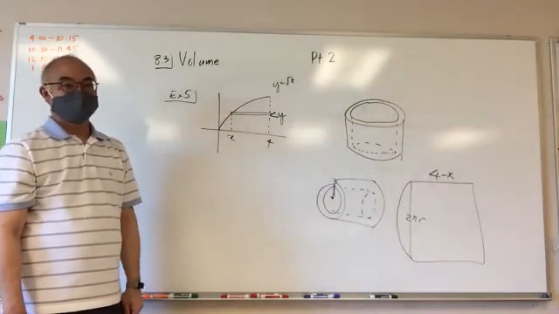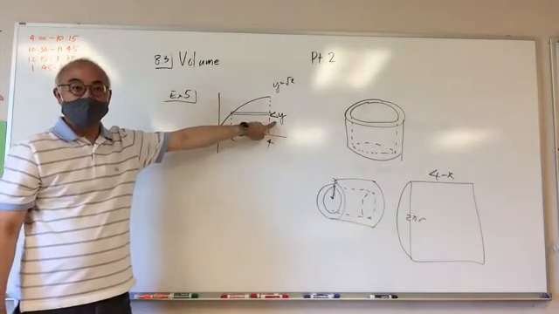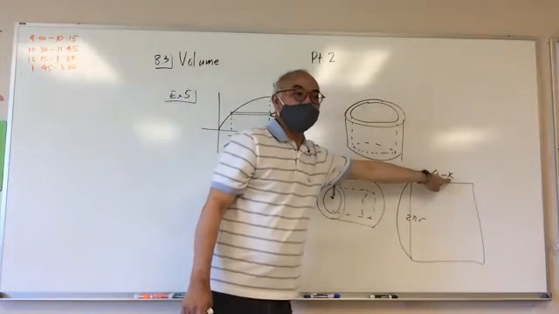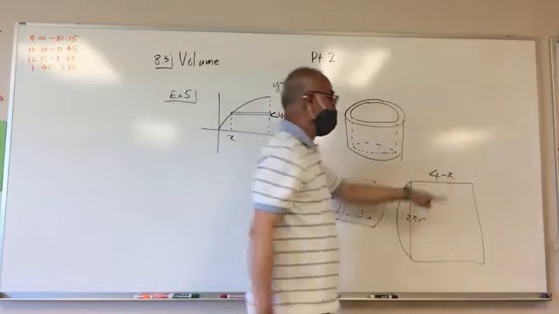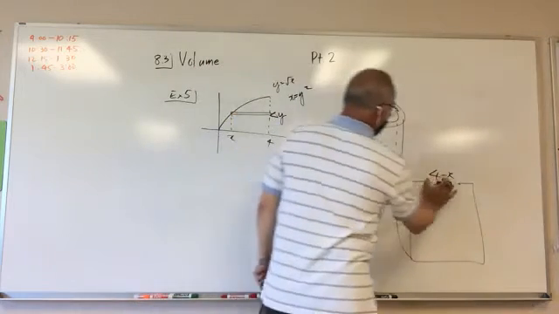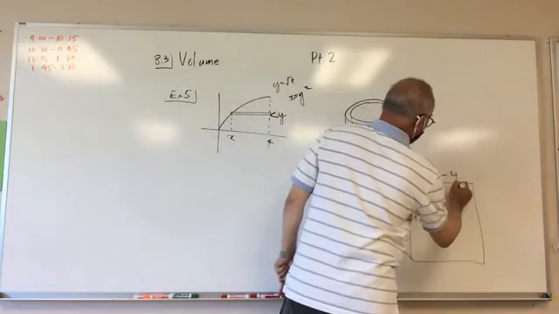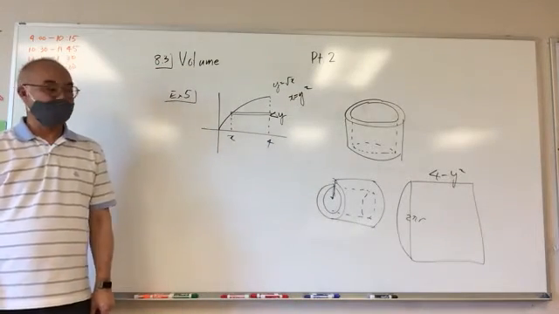Again, because we're going to do dy, I need this x in terms of y. Are we good with that? So x is y squared, and the height is 4 minus y squared.